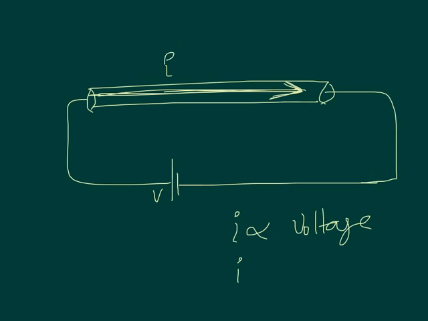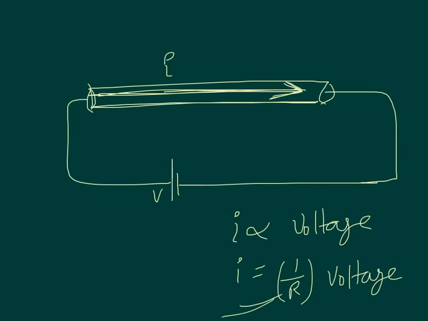That constant is conductivity or simply conductance, that is the reciprocal of the resistance R. This R is the property of that particular conductor which determines the relationship between voltage and current.